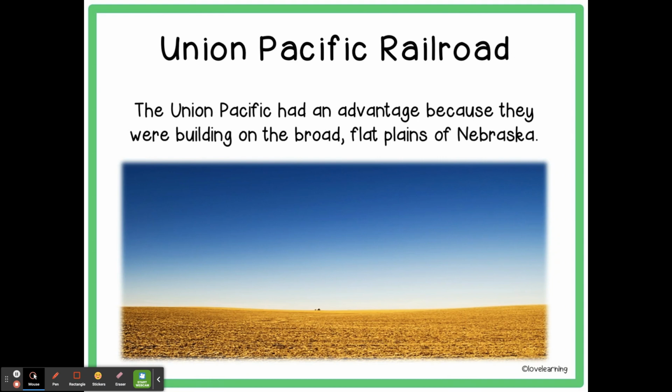That was extremely helpful because they are not having to navigate through any type of mountainscape or any type of rough land. They're pretty much working with an ideal situation here. So the best thing you can write down is that the UP Railroad Company was working and building on flat plains, the flat land of Nebraska.